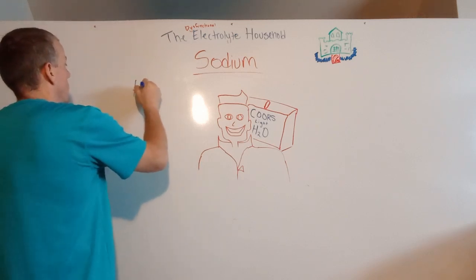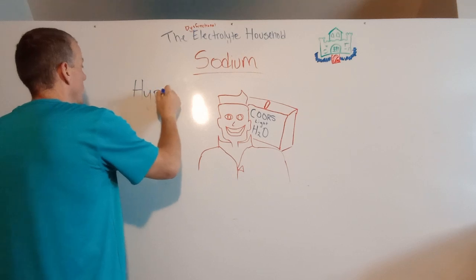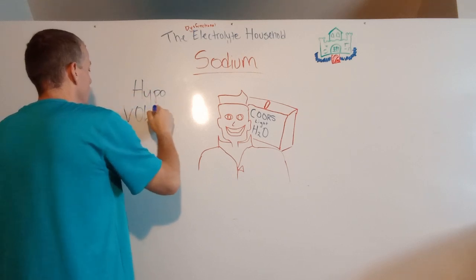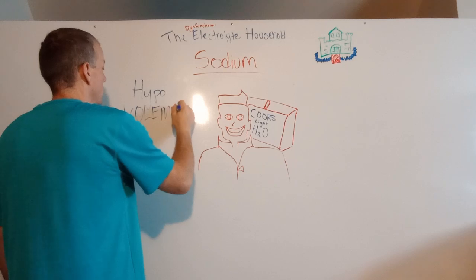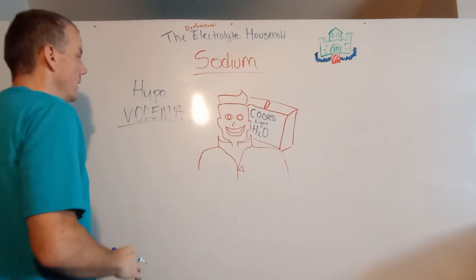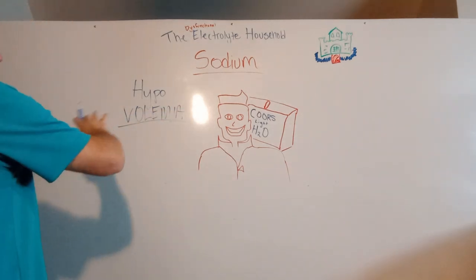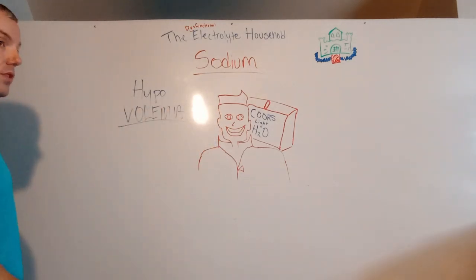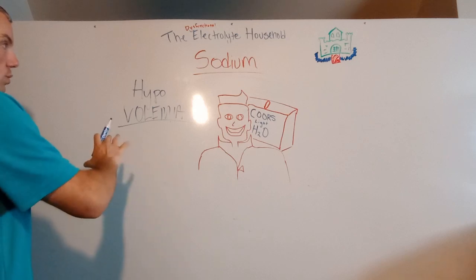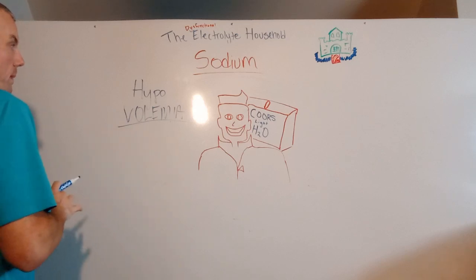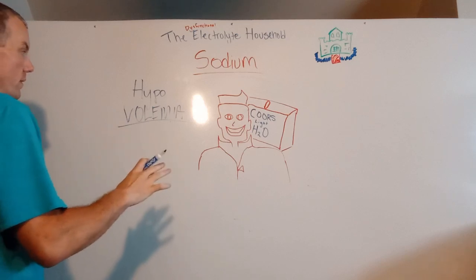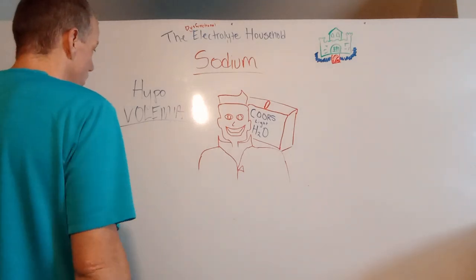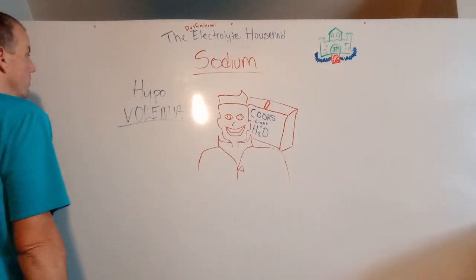So on this side, if you have hypovolemia, then the sodium is doing what it's doing, but you're in a state where there's just not enough fluid in the body, and sodium is representative of that, but the symptoms are related more to the volume problem than the sodium problem.